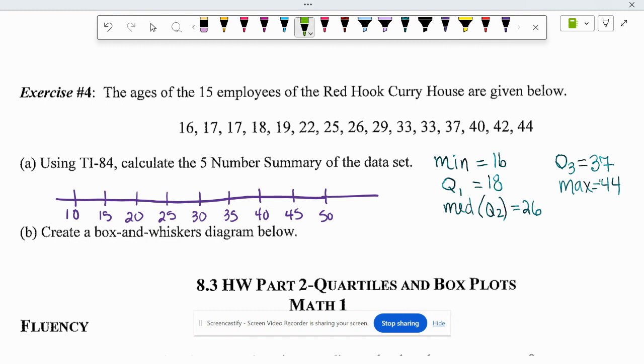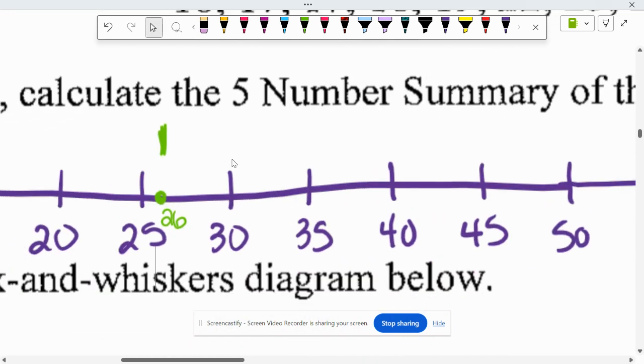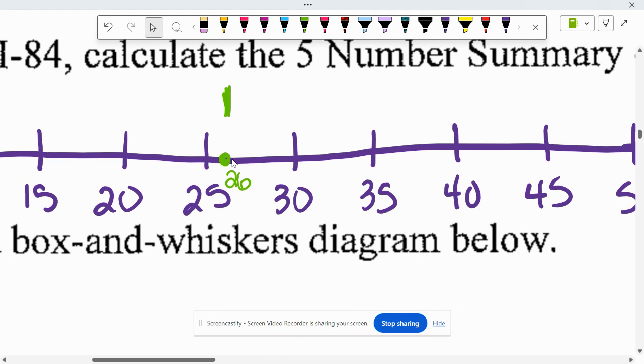Okay, median, 26. So that's going to be right above the 25. And I'm just going to put a little point right here on my graph and write the number 26 there. I'm going to make this nice and big so everybody can see it. So that's the middle of my box, right? My Q1 was 18, so I'm going to say that's about right here.